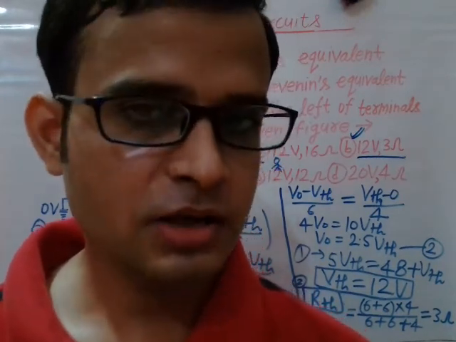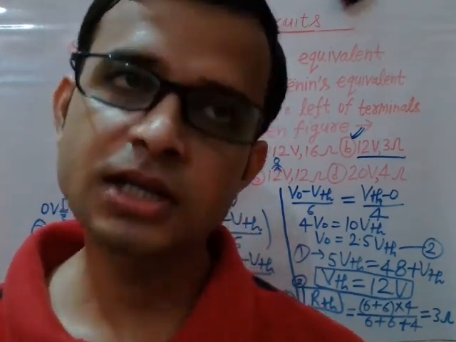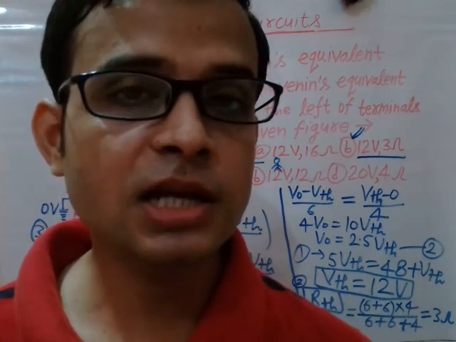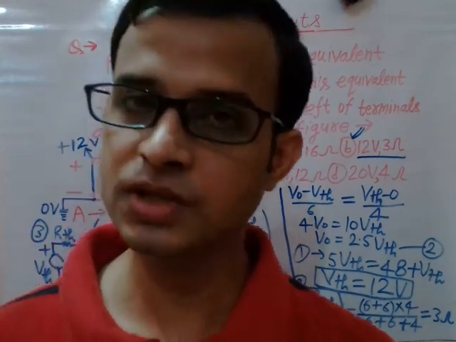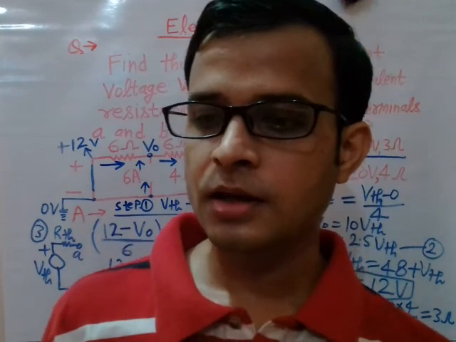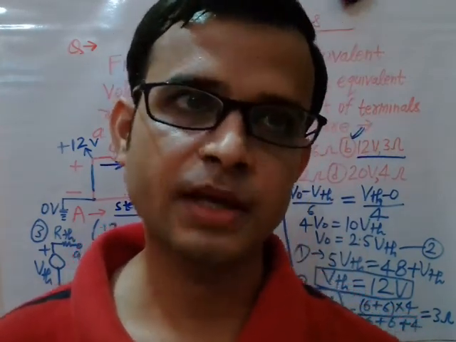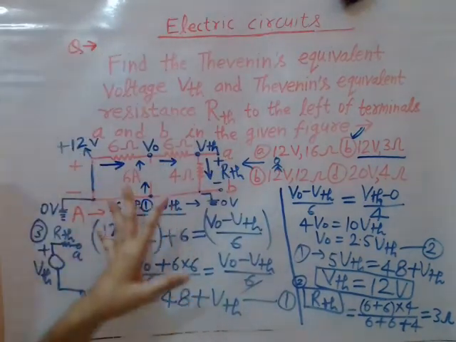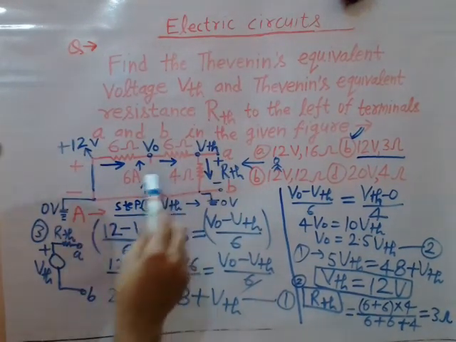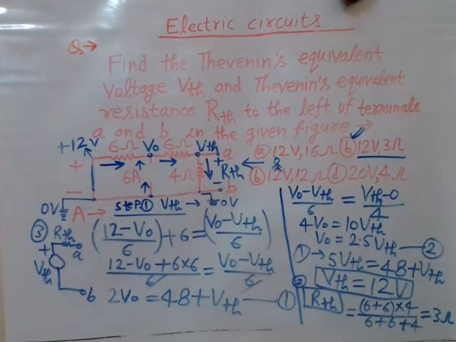So all the dependent sources cannot be deactivated. You can only deactivate the independent sources, right? For dependent sources, calculation of RTH would be different. So you must deactivate the independent sources for calculation of Thevenin's equivalent resistance RTH, right?